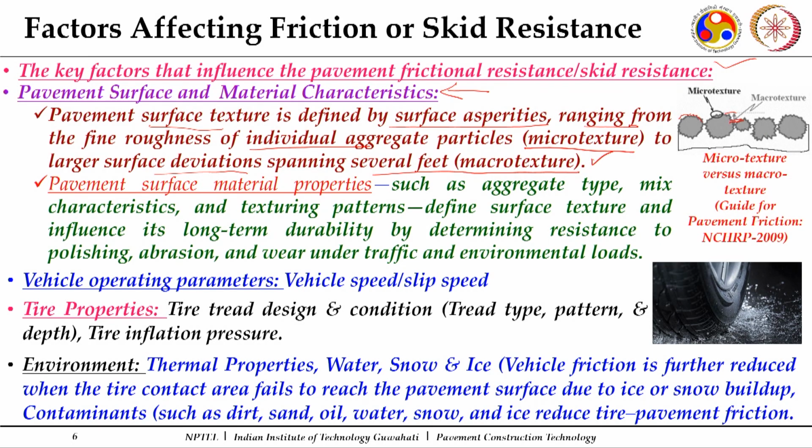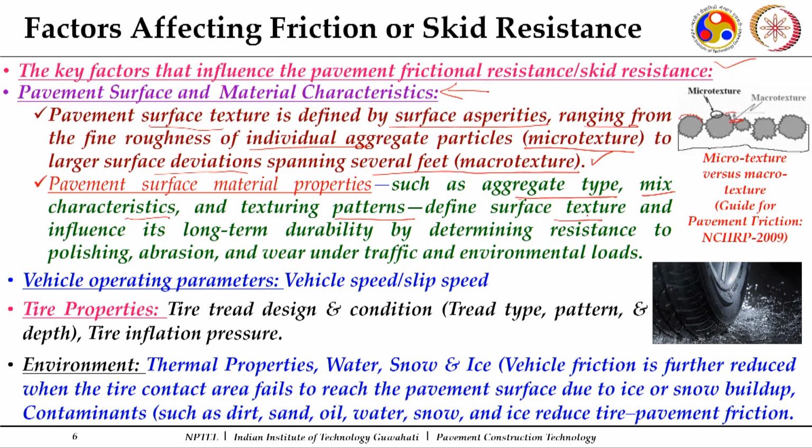Now, pavement surface material characteristics also play an important role. What type of aggregates you are using? If those aggregates get polished easily, then definitely it will make your surface more slippery. Mix characteristics will look into your binder which is present, your gradation which is there, texturing patterns, because normally you create a texture through your mix gradation also.